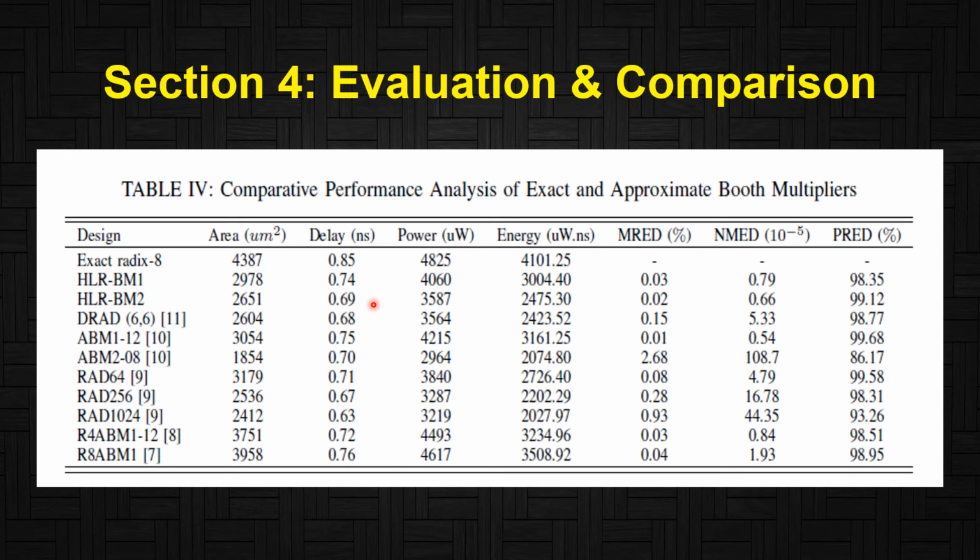Moreover, HLR-BM1 has a power improvement of 7% to 14% with its comparative design having similar error metrics. HLR-BM2 has lesser NMED than HLR-BM1 because R8ABE introduces both positive and negative errors. The errors complement each other and HLR-BM2 achieves better error metrics.